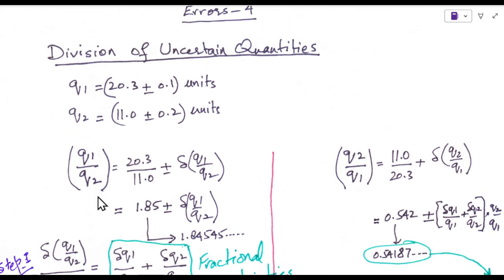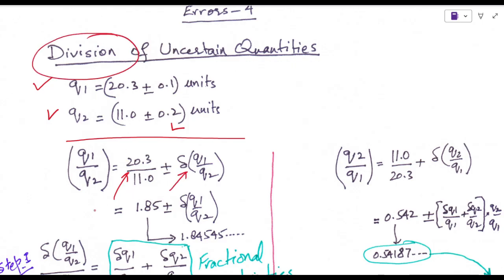Again, same values have been taken by me. On the left side of the page, I have done Q1 divided by Q2, and the same calculation that is on the previous page has been done by me. Here 20.3 has been divided by 11, and plus minus uncertainty in Q1 divided by Q2 has been shown.